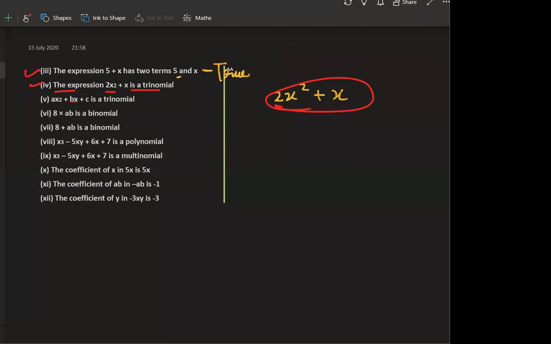This is a binomial because it has only 2 terms, 1 and 2. So how is it possible that it is a trinomial? It's not a trinomial. It is a binomial. So this is false. Now let's talk about the third given sentence.